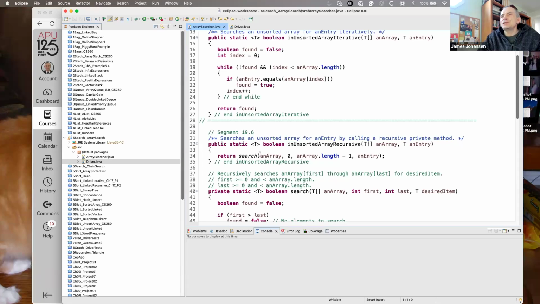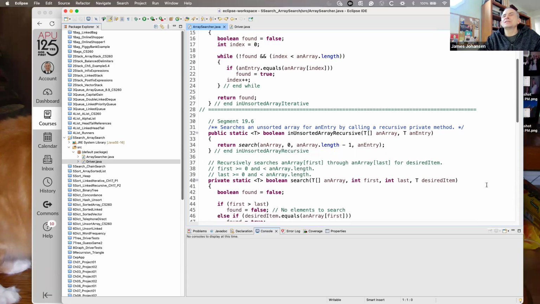So we then do a search that is one level less than what was done before, and that's what we're seeing here.